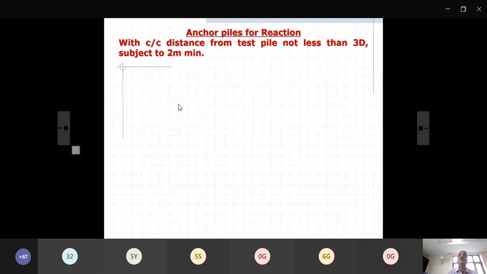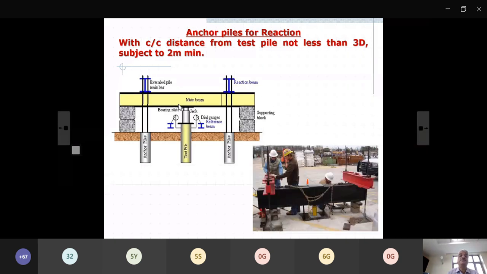Another system uses anchor piles for reaction. So here this is your main pile, the test pile, where you are applying the load. You put two anchor piles of adequate capacity, and through them you take two HTS wires. They go through a beam, and here you anchor them. So now these piles take the reaction. Here you can see there are two anchor piles, and this is your main pile.